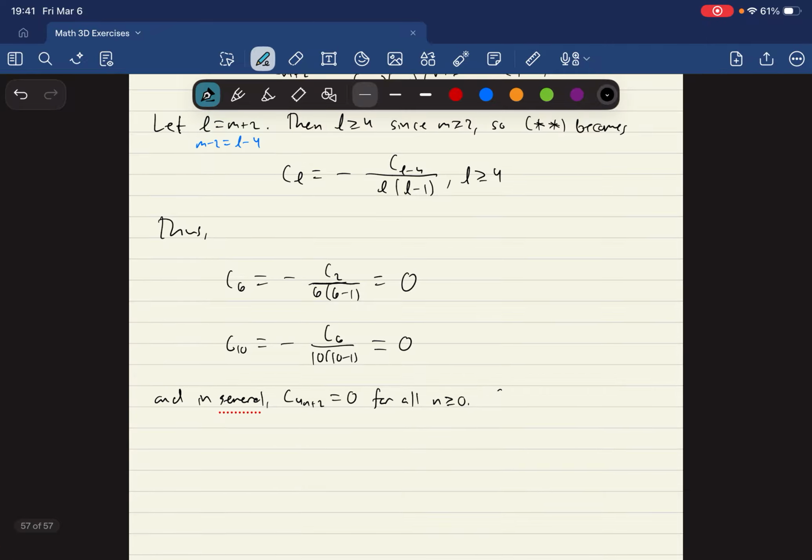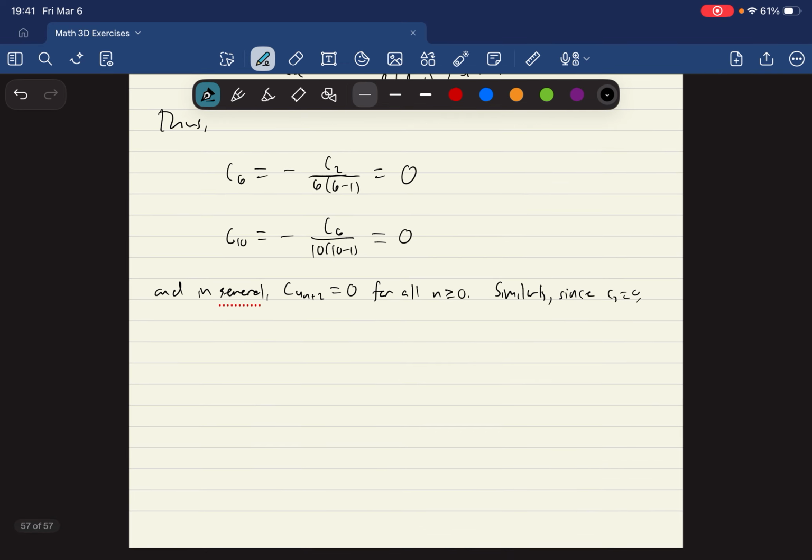Similarly, since C3 is 0, now let's add 4 to 3. We get C7 equals negative C3 all over 7 minus 1, which again has to be 0 just because C3 is 0.